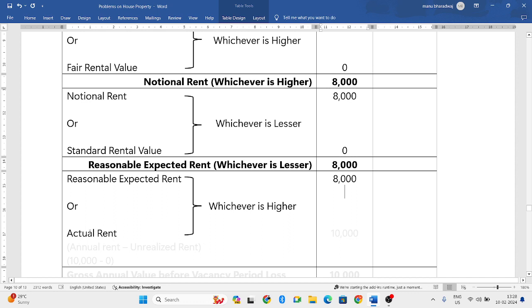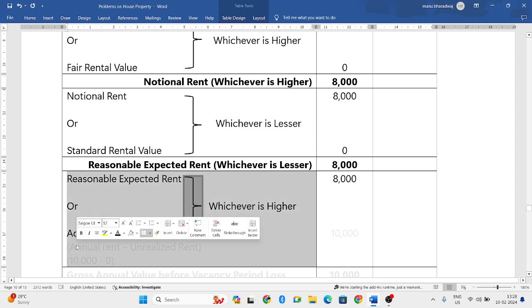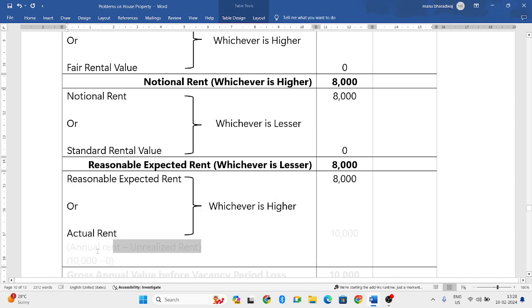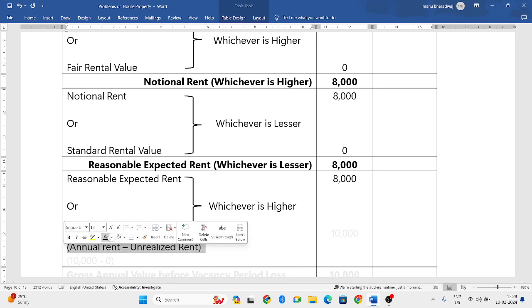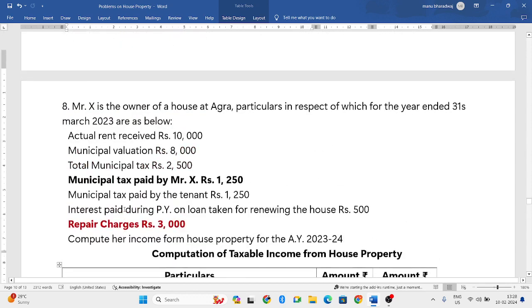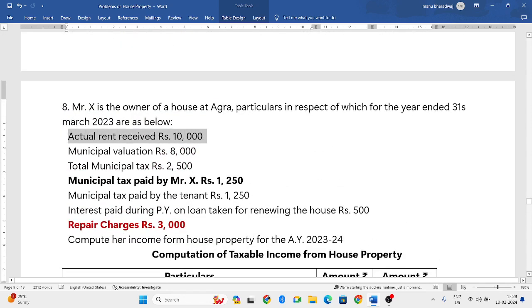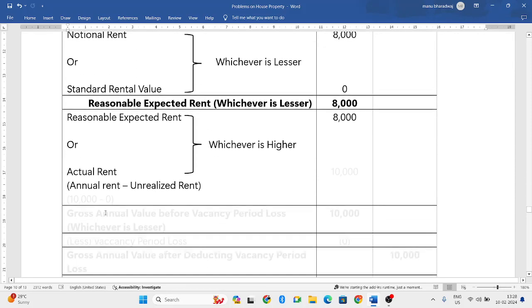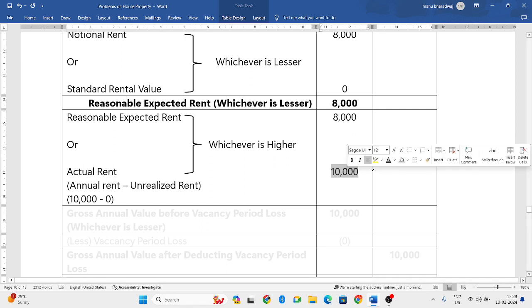Now we have to find out actual rent. There is a formula to find actual rent: annual rent minus unrealized rent. In the question they have given that actual rent is received, directly. So annual rent is 10,000 minus unrealized rent is 0. So actual rent received is 10,000.